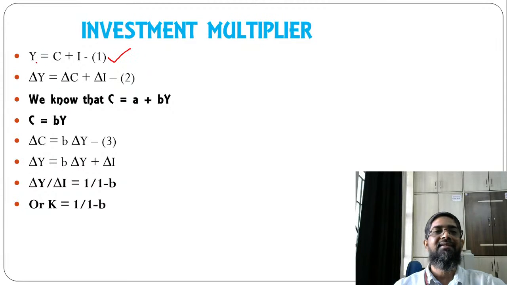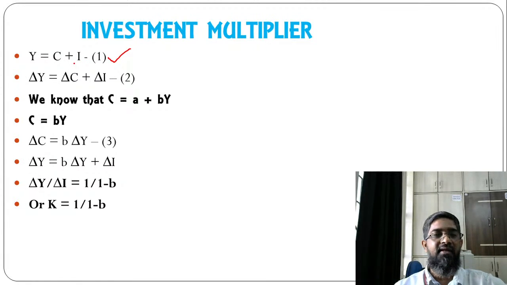The first equation is Y, that is income, is equal to consumption expenditure plus investment expenditure, right? That is nothing but aggregate demand in the economy.